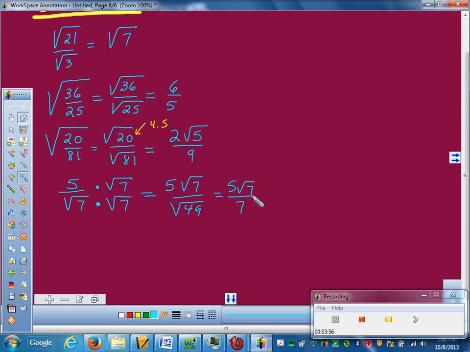Okay, anybody know there's a name for this process you just did? Starts with an R. Starts with an RA. Rationalizing the denominator.